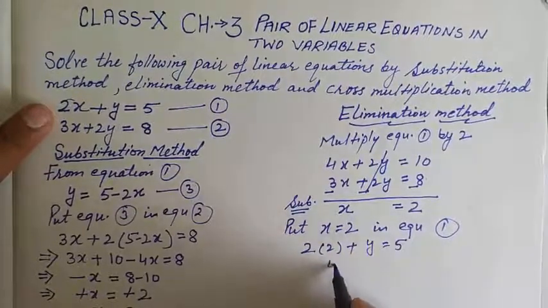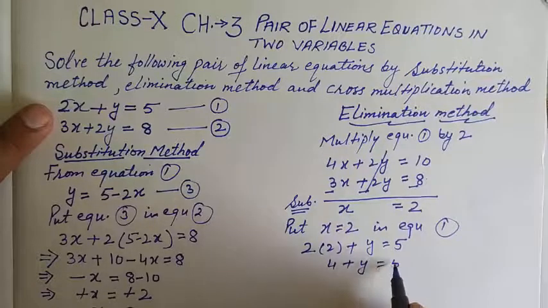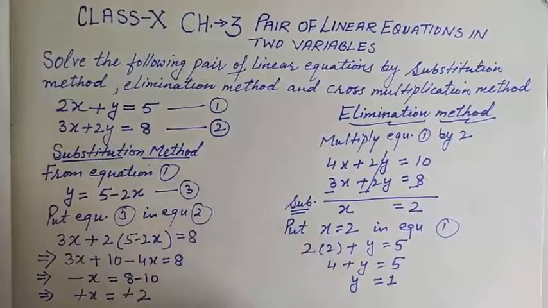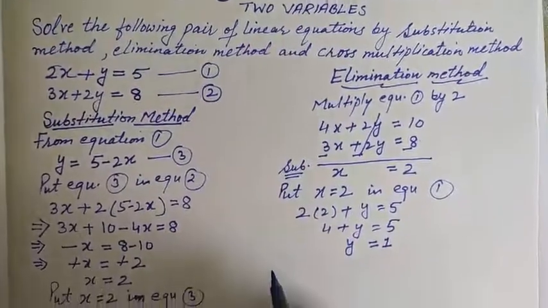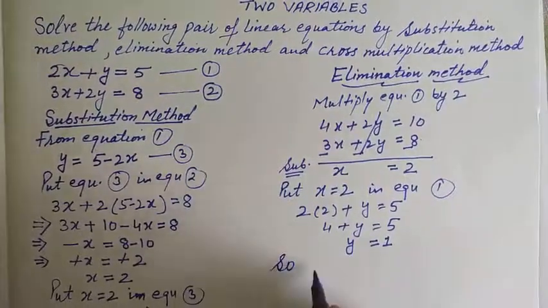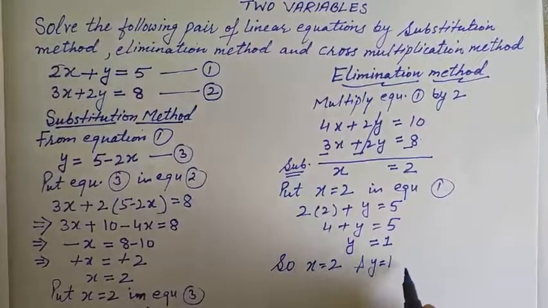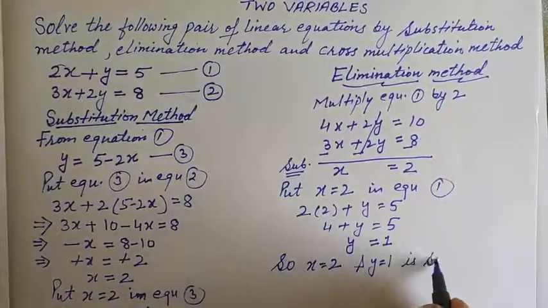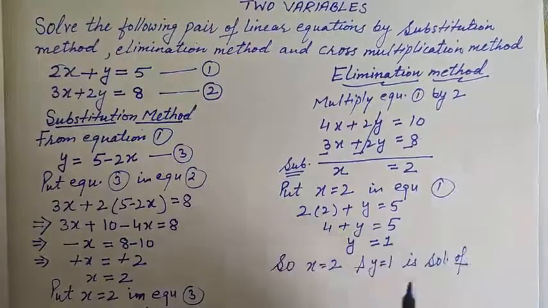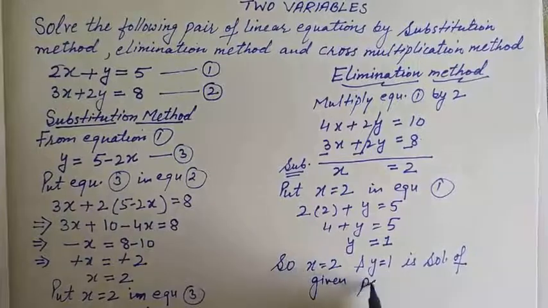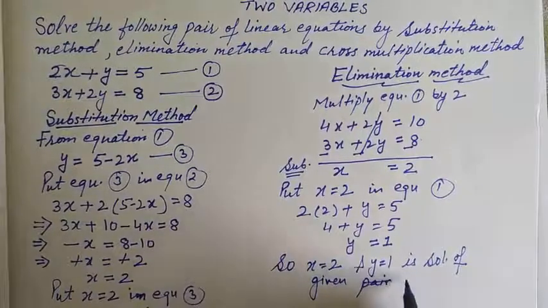So 4 plus y is equal to 5. So y is 5 minus 4, that is 1. So we'll write here, x is equal to 2 and y is equal to 1 is the solution of the given pair of linear equations.